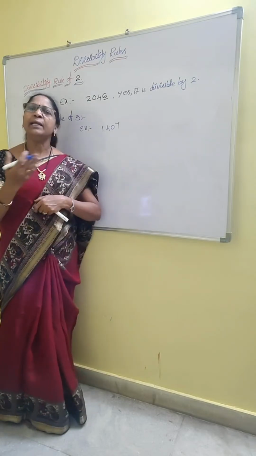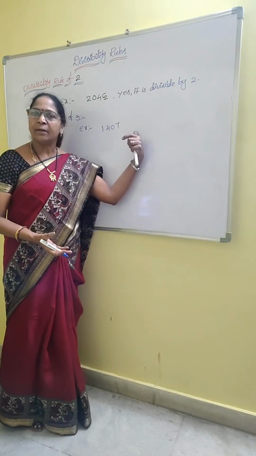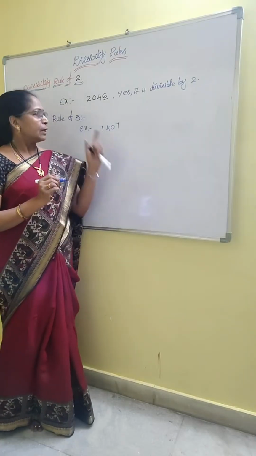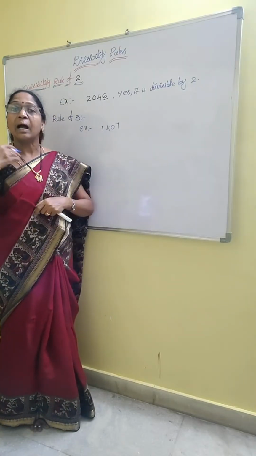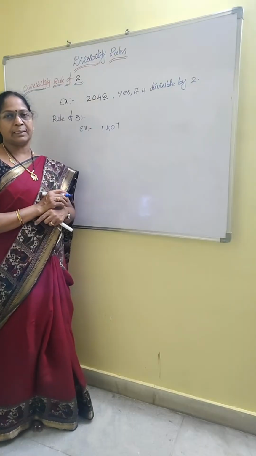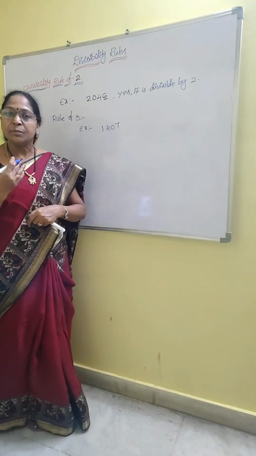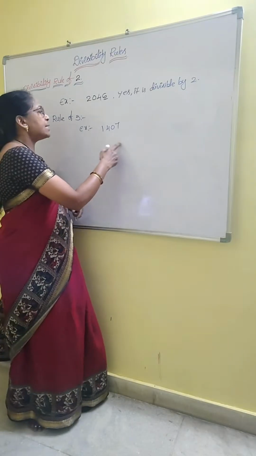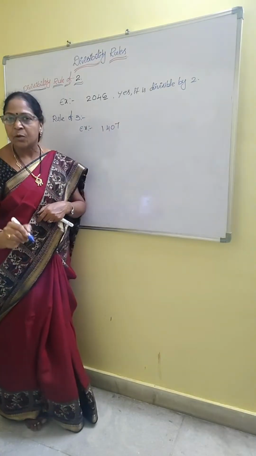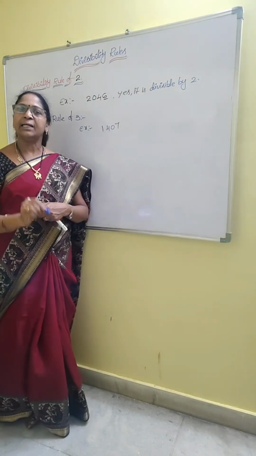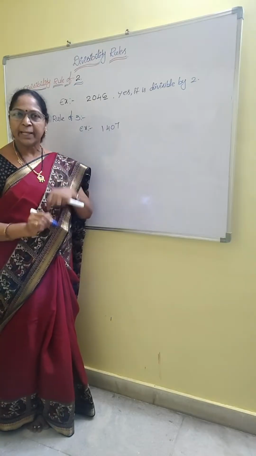Here, no need to check by direct division. Directly you can apply the divisibility rule of 3. If the sum of the digits is divisible by 3, then the given number is divisible by 3.